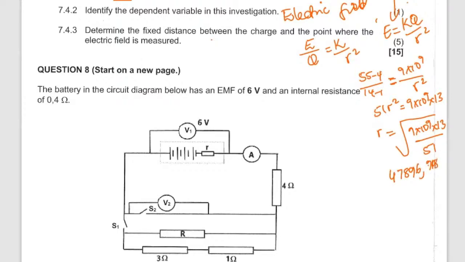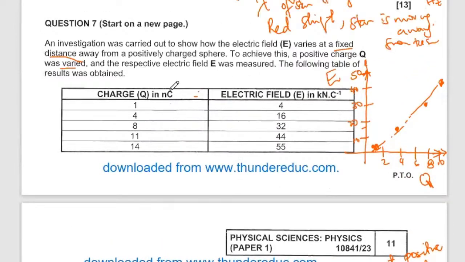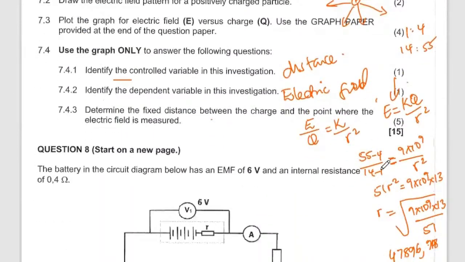Let's go back to the graph and see. Because this was the nanocoulombs. Okay. And then this is a K, which is like a Q. Okay, we can now see. So nano and kilo. So the Q is times 10 to the negative 9.